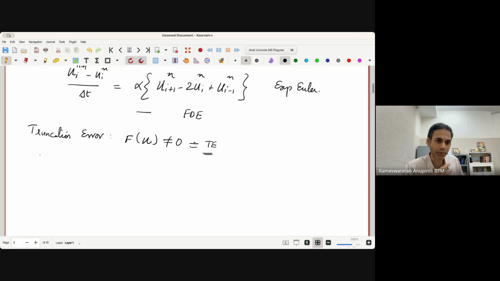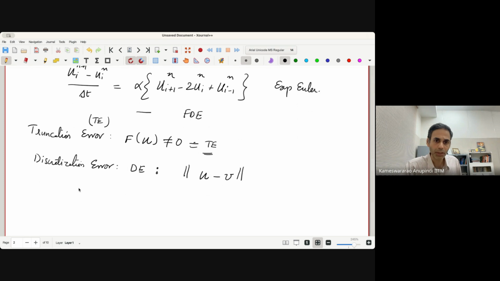Then we also have defined two more errors. One is called the discretization error, which we call DE. This we were to call TE. So discretization error is the error between the exact analytical solution and the computed solution. Okay, so we're taking some norm of this thing.